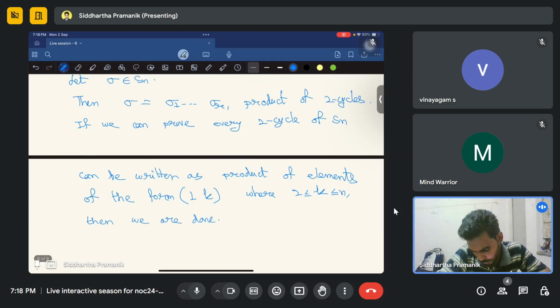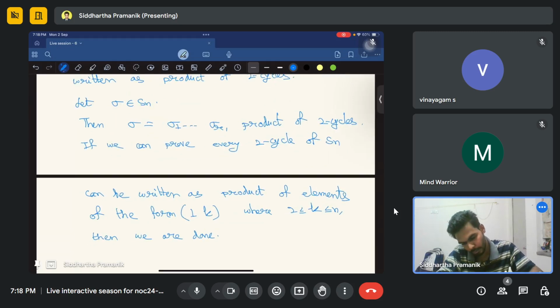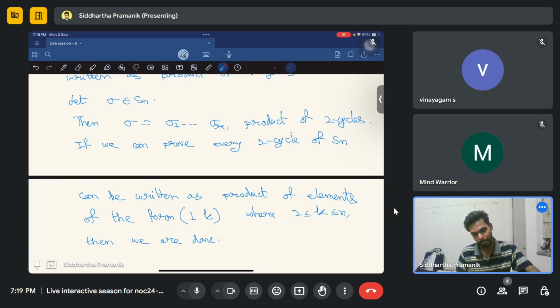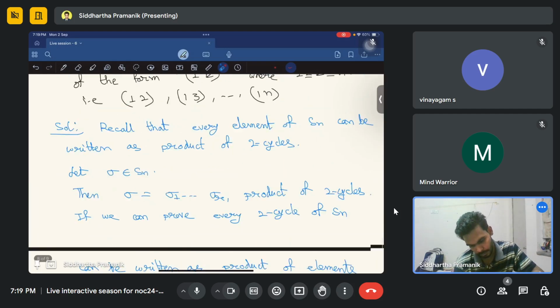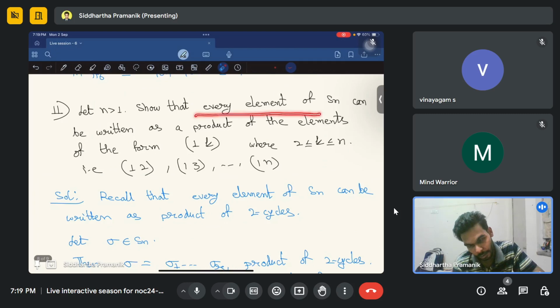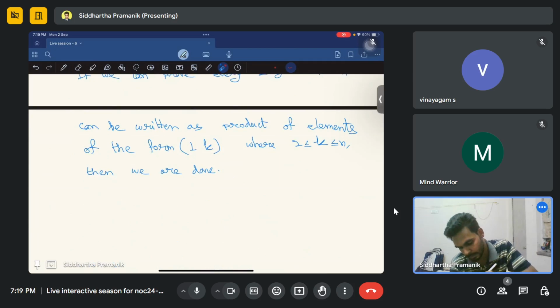Right? I hope this is clear for you. Then sigma 1 is a product of this type of elements. Same for sigma 2, same for sigma r. Then we will substitute those things here. So then sigma will be a product of this type of elements. So we have reduced our problem from an arbitrary element of Sn to two cycles. So we need to prove it for only two cycles.